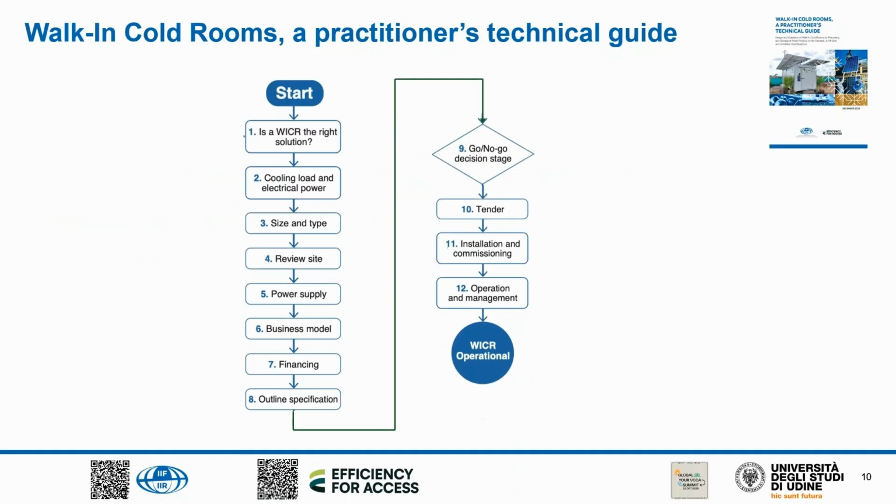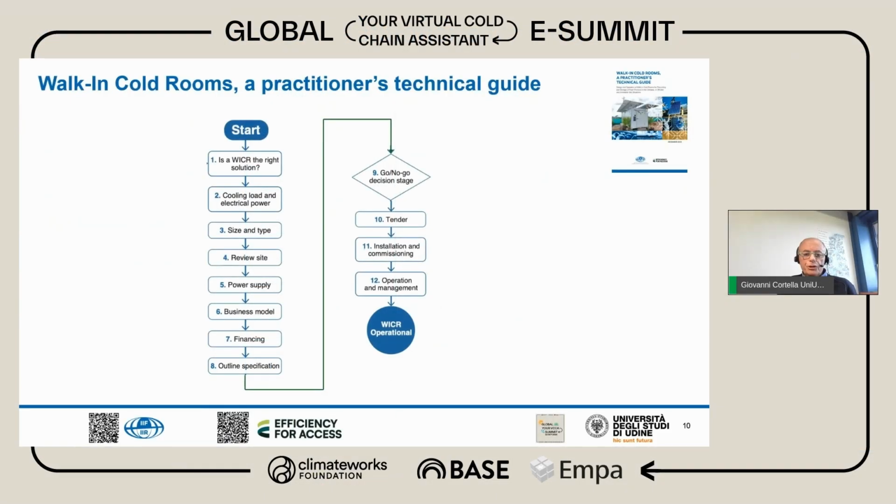If pre-cooling is considered, a dedicated system should be used to reduce the pre-cooling time and introduce chilled food in the cold room. Based on this information, the size and the type of the cold room is chosen together with the refrigerating system to ensure the cold room can be effective.